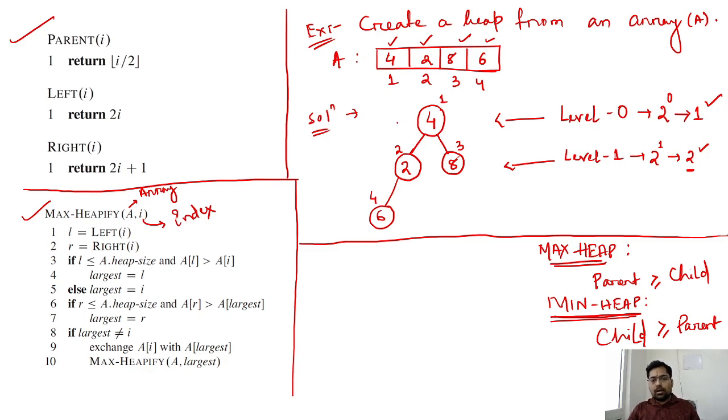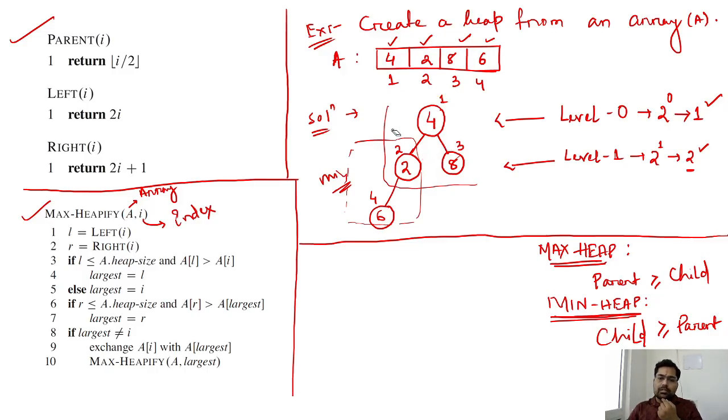From here, nobody can say it's a max heap or a min heap. Why? Because 4 is less than 8 but greater than 2, and here 6 is greater than 2. If you say it's a min heap, that could be correct for one part, but when we consider the whole, it's not a min heap, because 2 is less than 4.